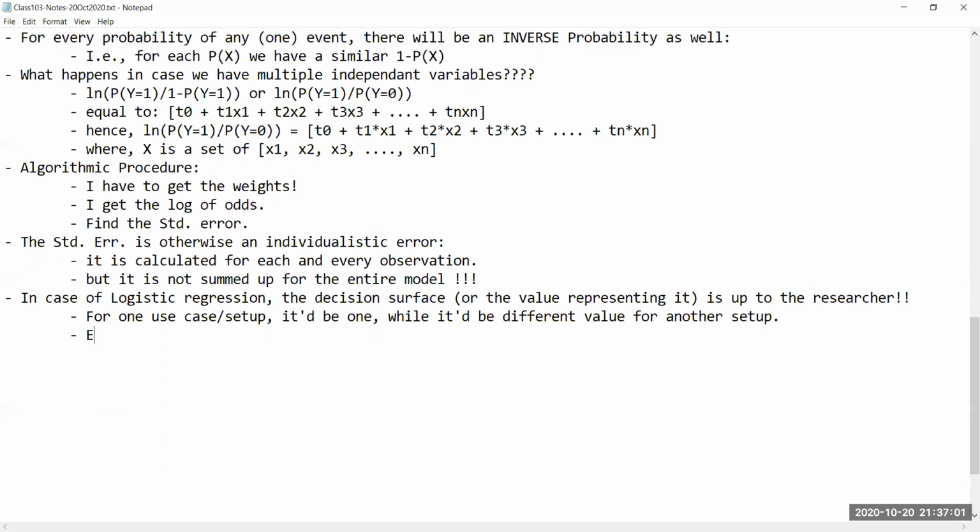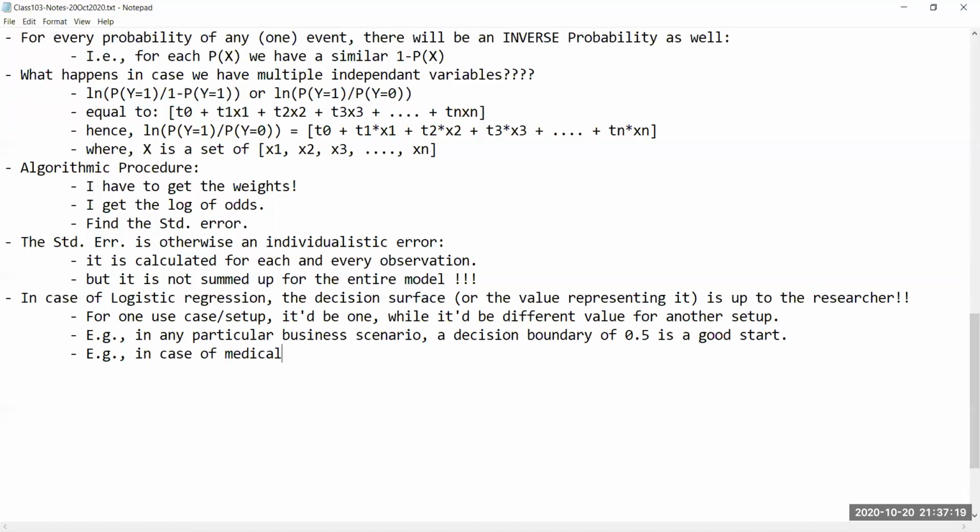For example, in any particular business scenario, a decision boundary of 0.5 is a good start, right? But in case of medical use cases, use cases in the healthcare industry, 0.5 is no longer a good thing. Why?